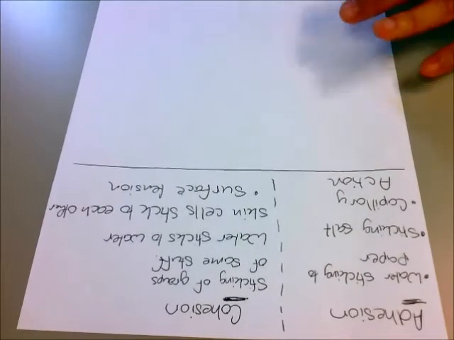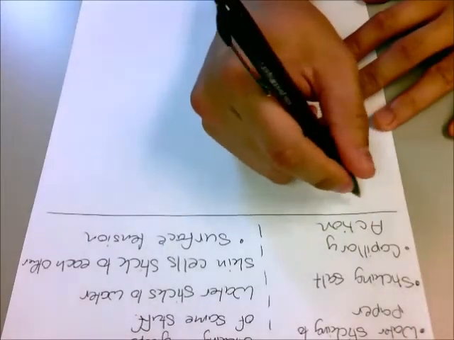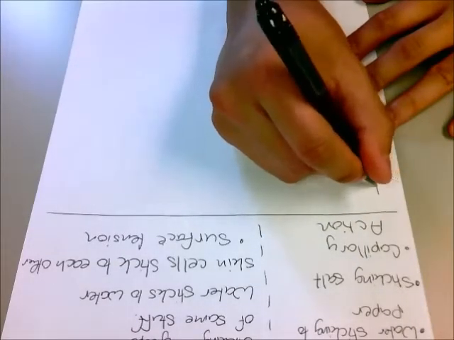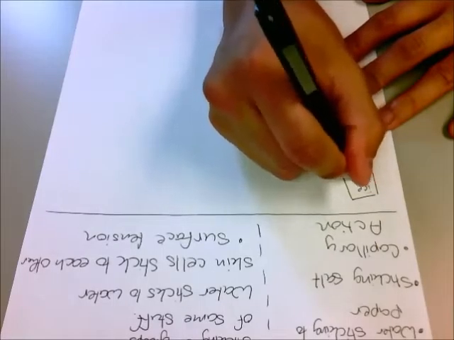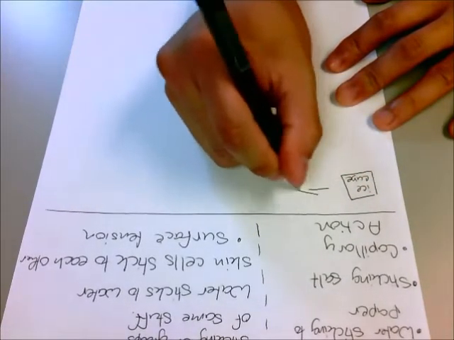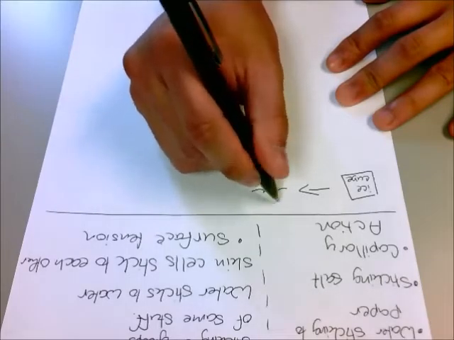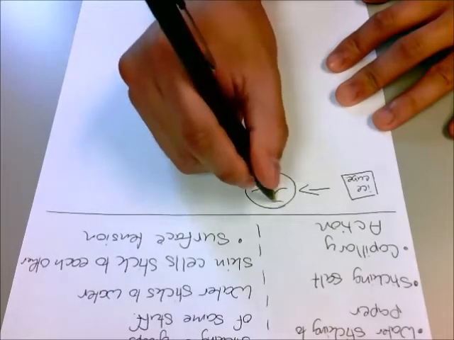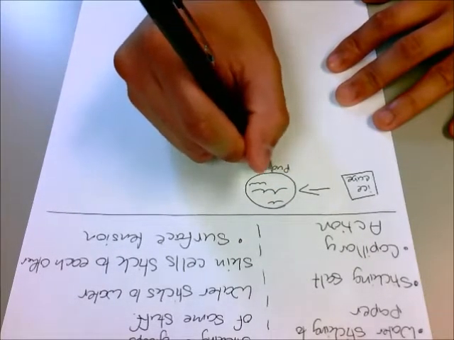Okay, so water's density is fluid. So here is, oh, this is going to be bad. An ice cube. Okay. A water puddle. Okay. Puddle.